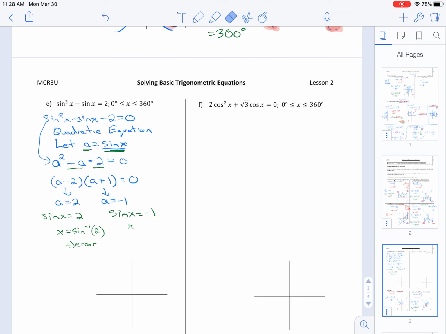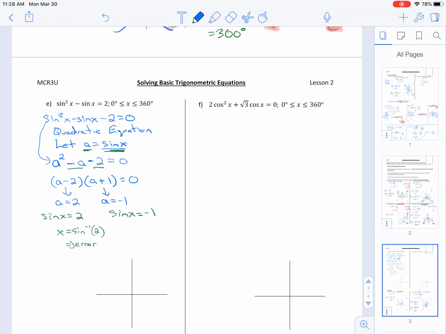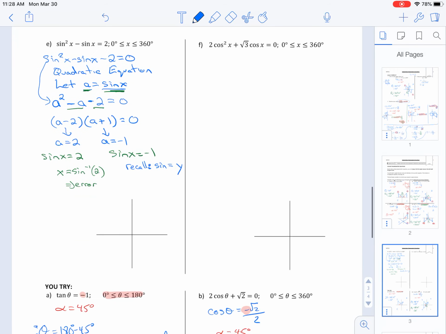This one, again, looks like an exact value question, and this is a special case because we've got sine of x equal to -1. So remember, recall, sine is equal to the value of y. You have to ask yourself, where on the unit circle is y equal to -1? Remember over here, this is y equals 0.